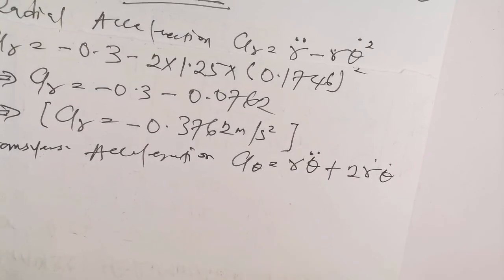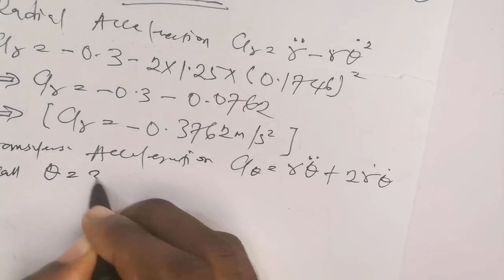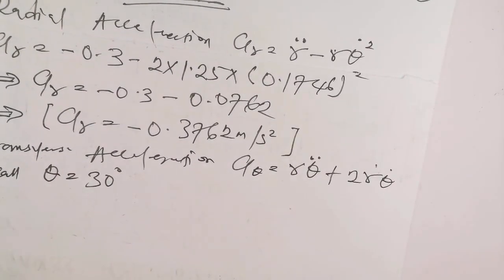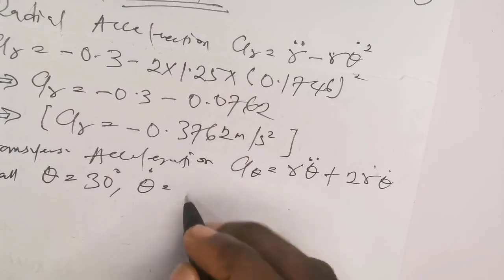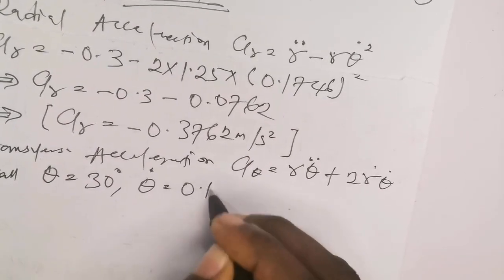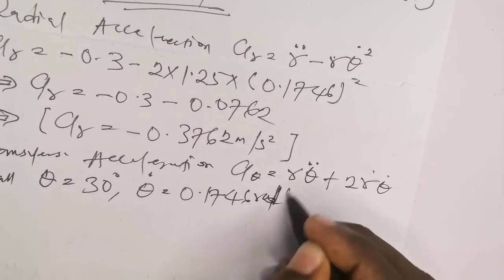This is our transverse acceleration. Now, recall you are given theta to be equal to 30 degrees. You are also given theta dot, which has the value 0.1746 in radians per second.